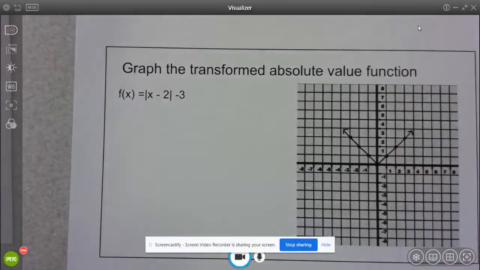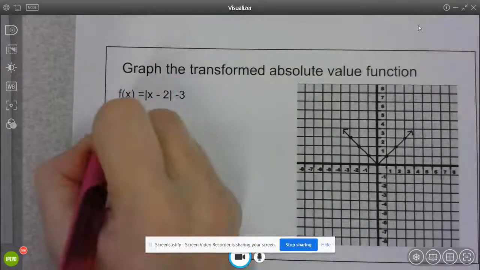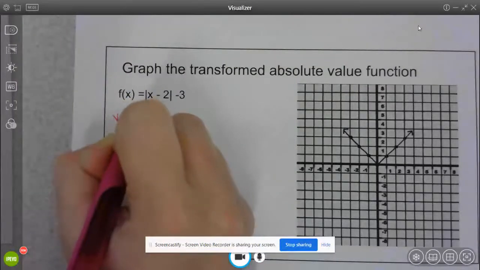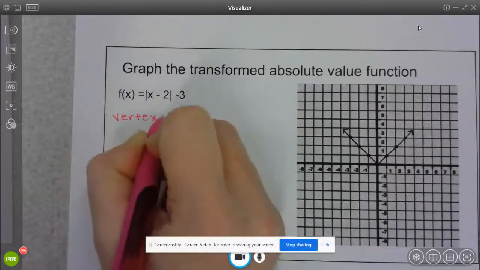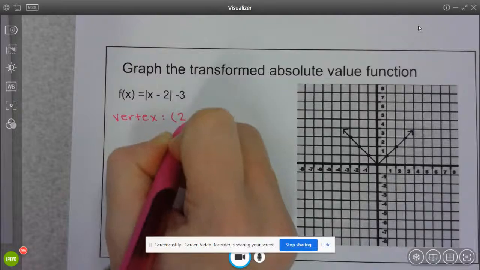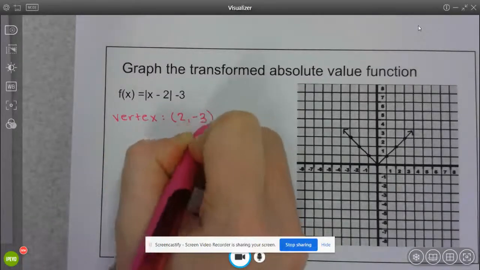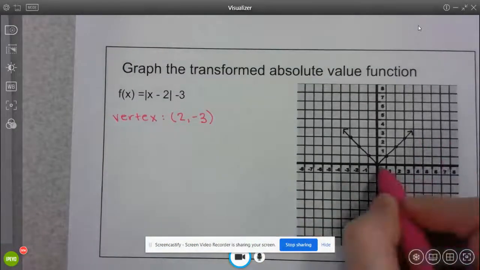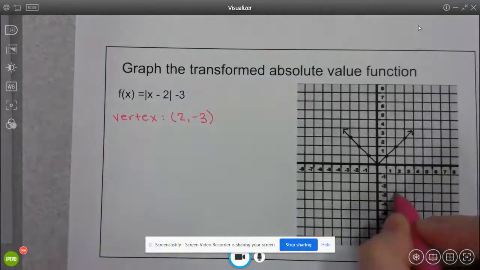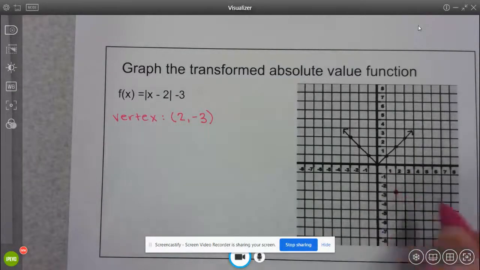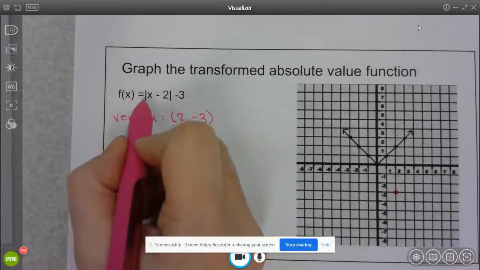So in this case, I know that my vertex is 2, -3. So I'm going to go to 2, -3. Here's my new vertex. And there's no vertical stretch or compression because the A value is 1.